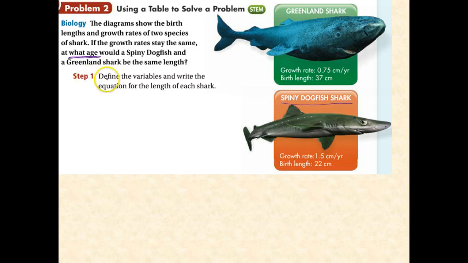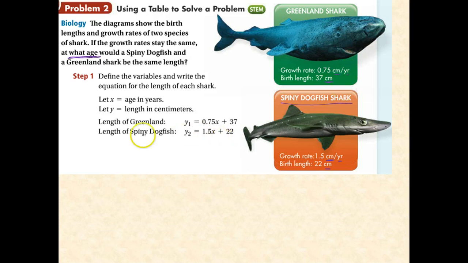Alright, so what we need to do to actually solve this problem is define the variables and write the equation for the length of each shark. If we let x equal their age in years and y equal their length in centimeters, you notice they're giving stuff to us in centimeters and years.